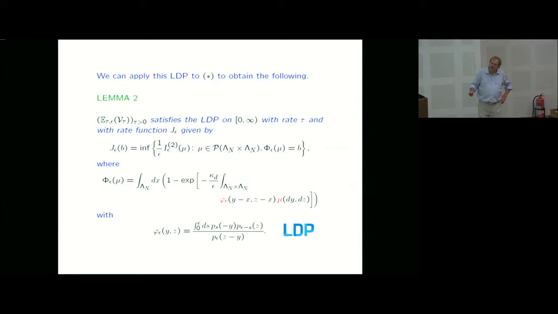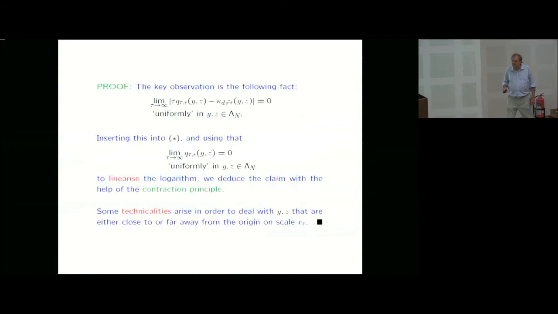I'm going to approximate this function by something simpler, called psi of epsilon, using that when epsilon is getting very small, this object becomes very simple, using the short time approximation of the empirical distribution.